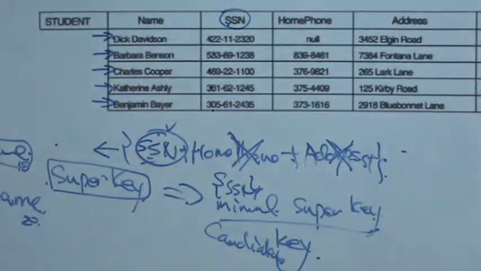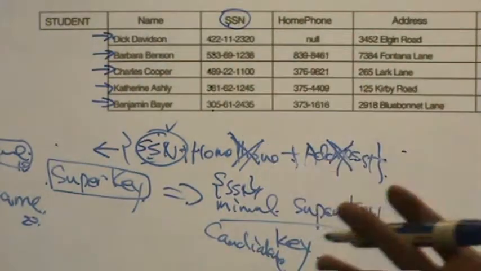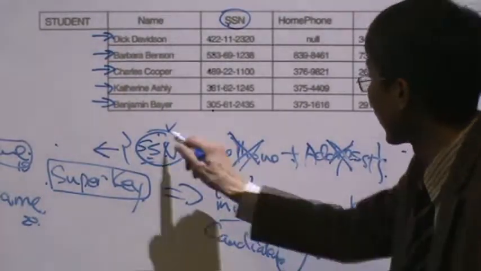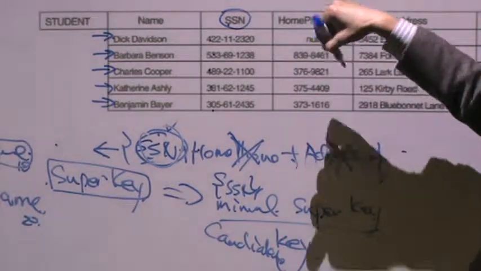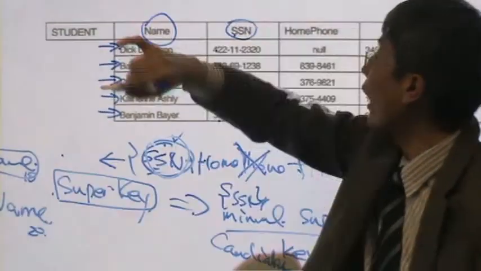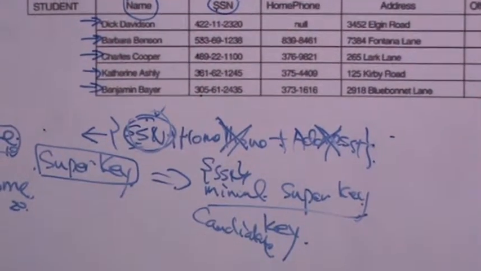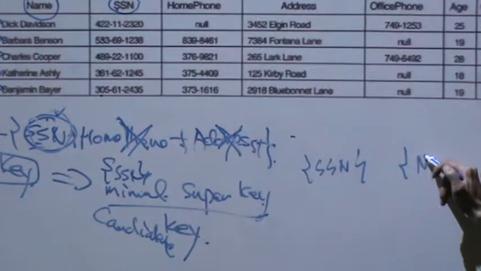So we start from the super key. As long as you can identify the specific data, that can be a super key. How many super keys? Many combinations. Among them, you can find minimal super keys, like the social security number. Even the name can sometimes identify. How many minimal super keys? Social security number and name.